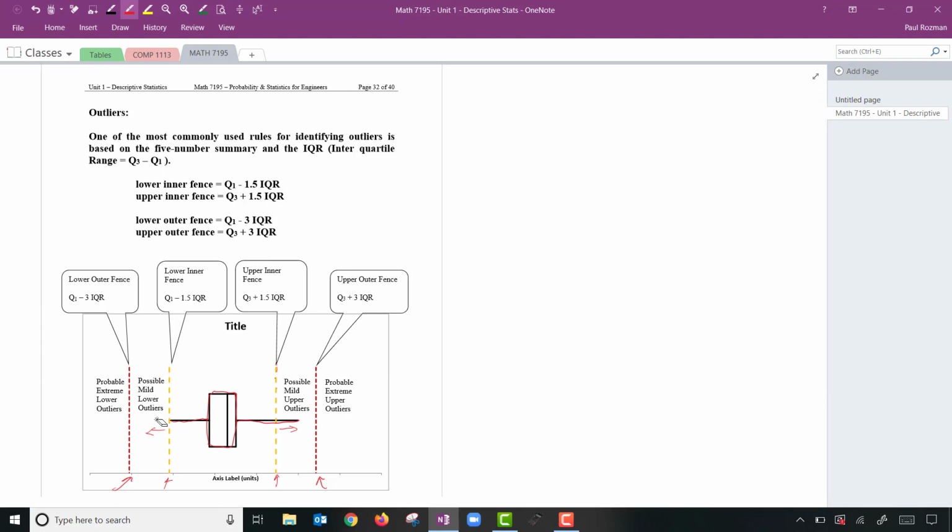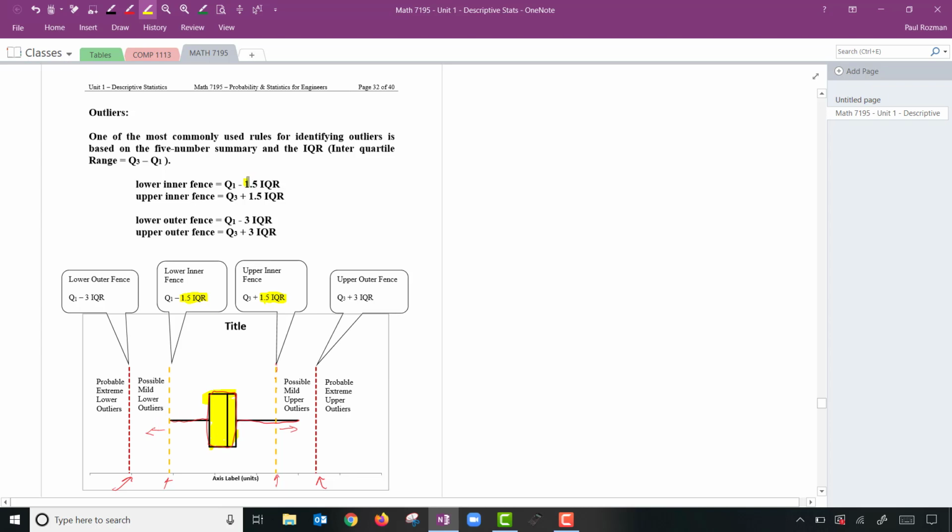The fences are just formulas. The inner fences are based off of a factor of 1.5 interquartile ranges. So if you're more than 1.5 interquartile ranges away from the box, so here is your box, if you end up with a score that's 1.5 interquartile ranges either above or below the box, then you start to be a mild outlier.